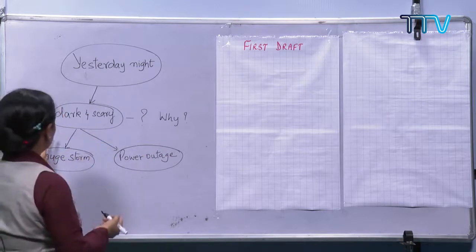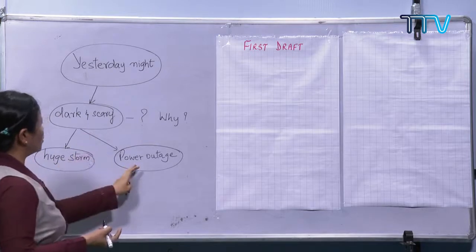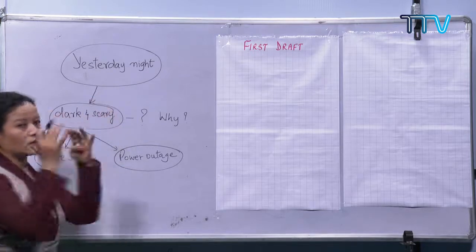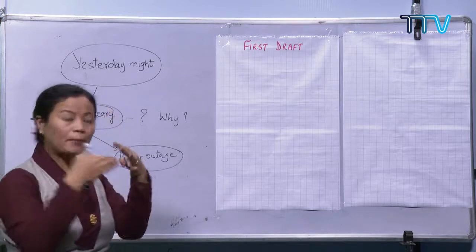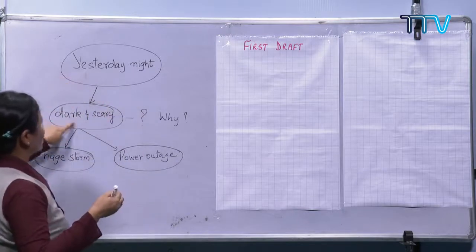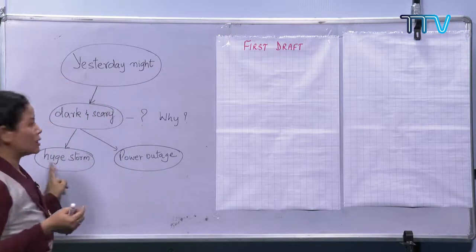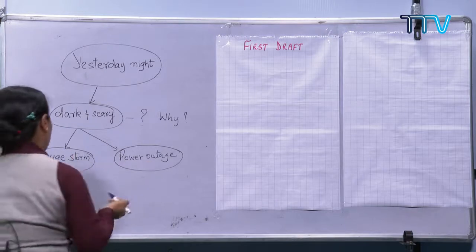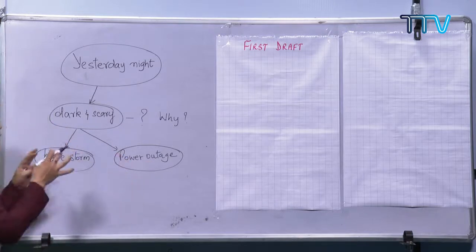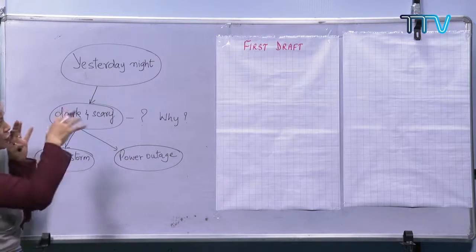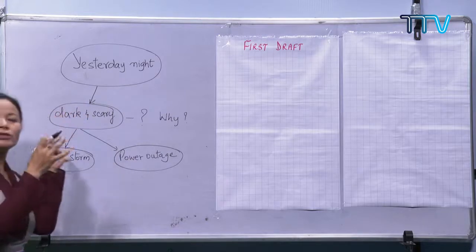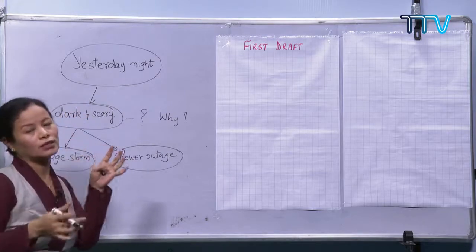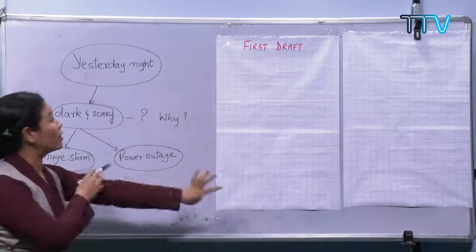So huge storm, power outage. I'm just trying to map. Yesterday night, dark and scary because there was a huge storm and power outage, right? And now what else can you think? This is the planning stage in which you think about all the possible points that you are going to list down when you write your first draft.